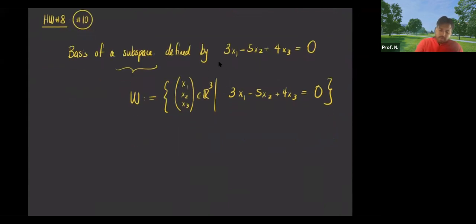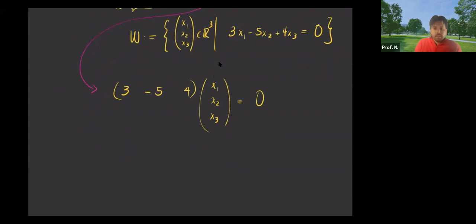Now, you may have not thought about this, but this can be represented as a matrix equation. This is going to be a 1 by 3 matrix, 3, -5, 4. And the column vector is x1, x2, x3. You can treat this as A, and this is my vector x, and this is 0, right?